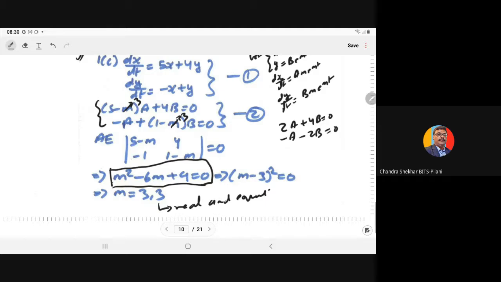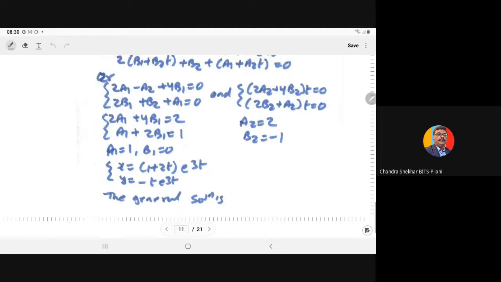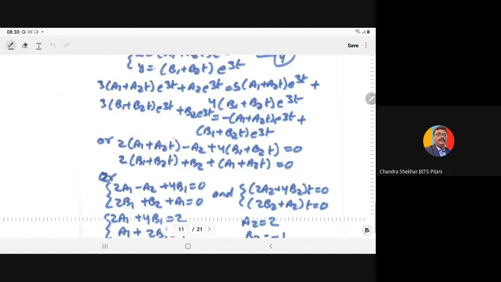If you take b is equal to 1, a will come minus 2. In this way you can determine one solution.